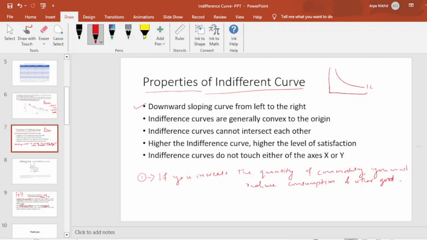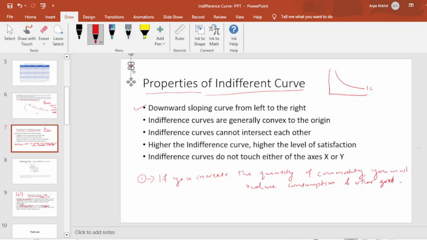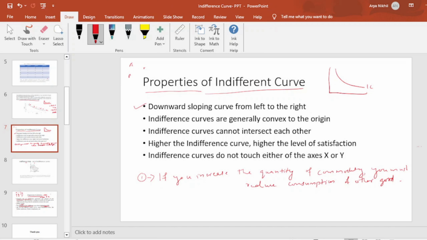So that is A, B, C, D, E, with 1, 2, 3, 4, 5 units of X and 12, 8, 5, 4, 3, 2 units of Y. Here, in order to get an additional unit of X, I have to sacrifice 4 units of Y. When it comes to combination C, there are 3 units of X. To get an additional unit, I have to sacrifice 3 units, then 2 units, then 1 unit.